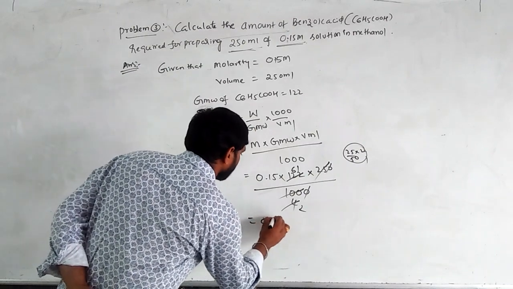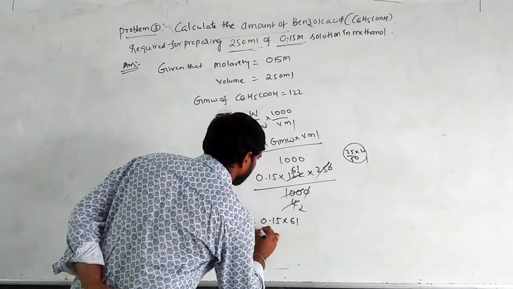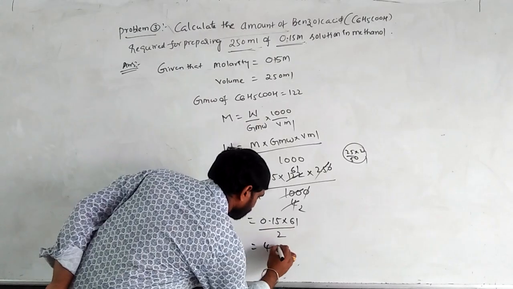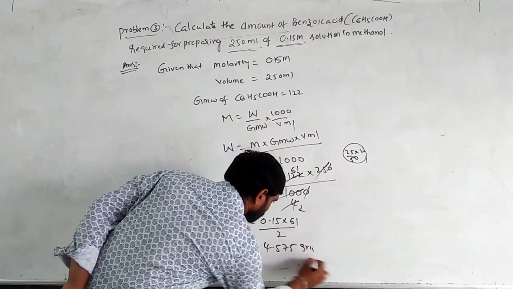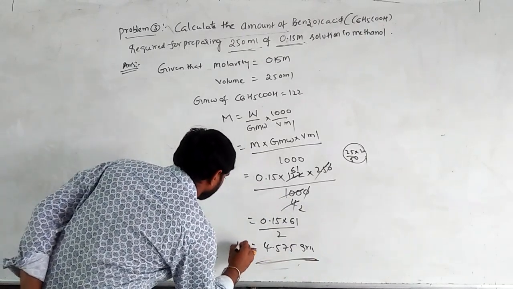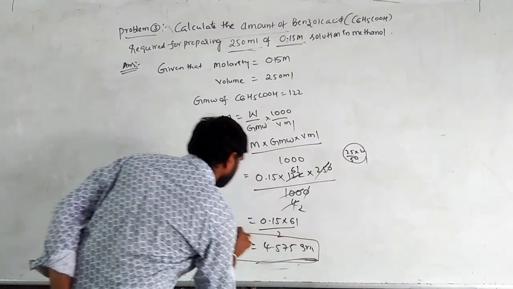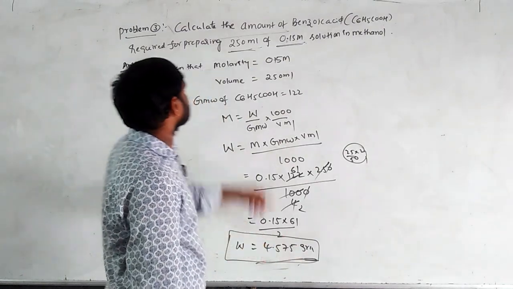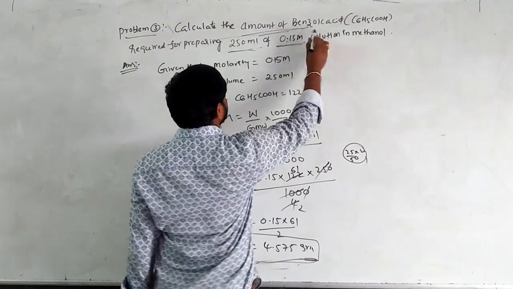So 0.15 into 61 by 2, which is 4.575 grams. So the weight of benzoic acid equals 4.575 grams.